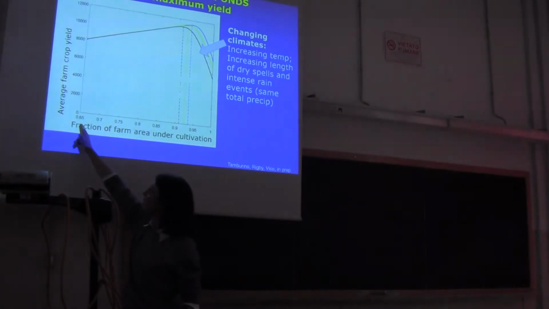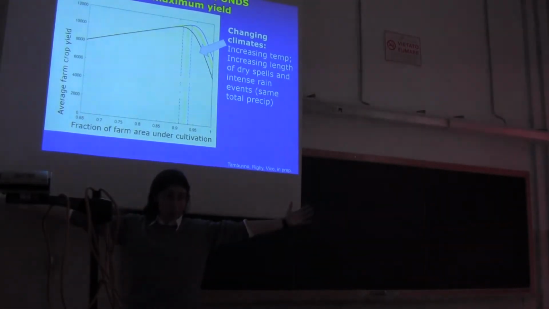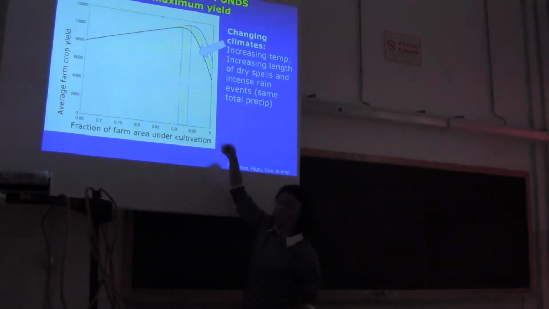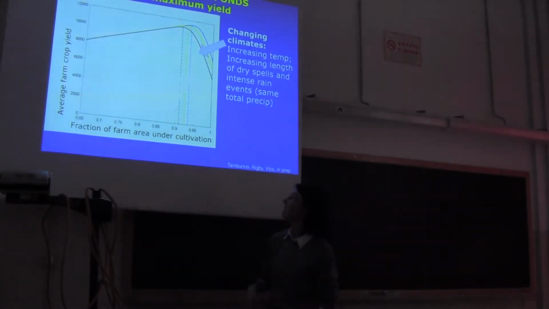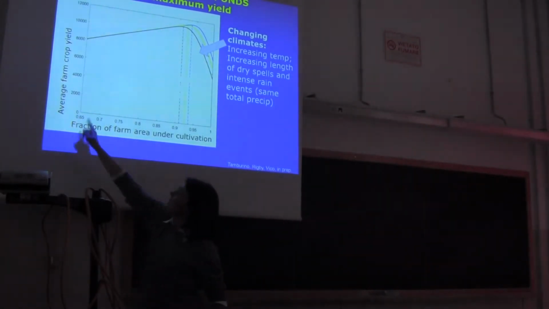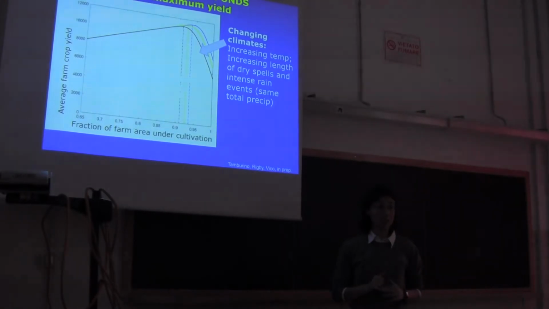So this means here you have a small fraction of farm area under cultivation, big pond. On this other end here, you have all your area under cultivation, basically no pond, and everything in between. And on the y-axis, you have the average of farm, at the entire farm level, crop yield.